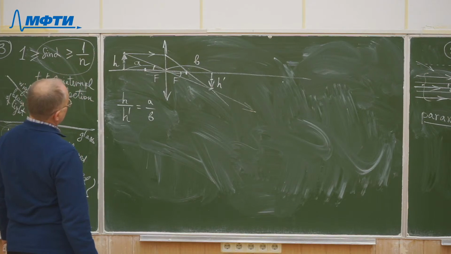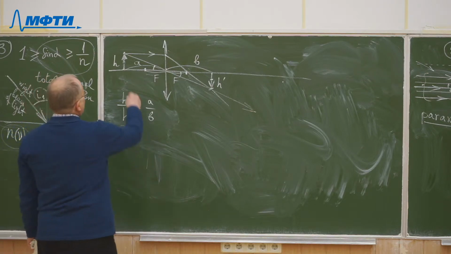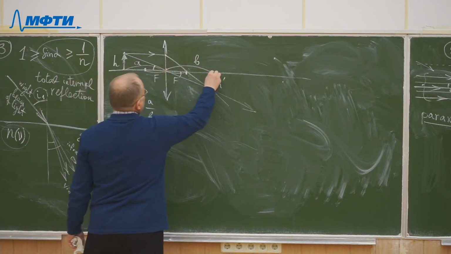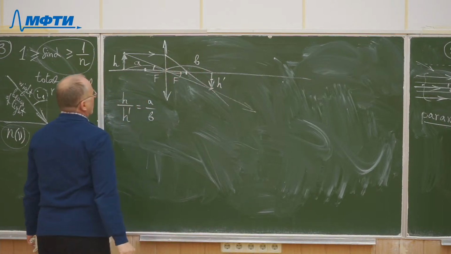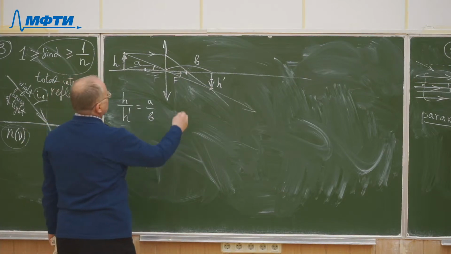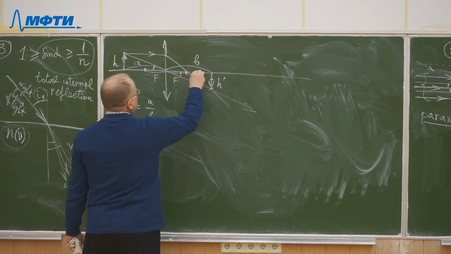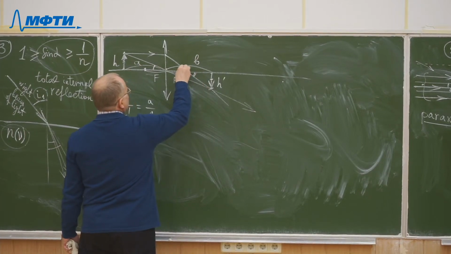So these two right triangles are similar, and h divided by a equals h prime divided by b. That is the first thing which can be said about this image.